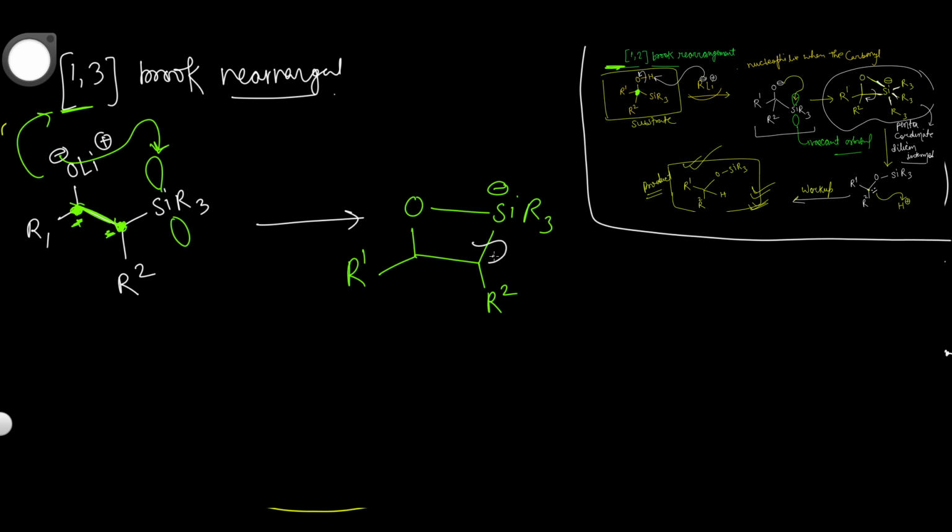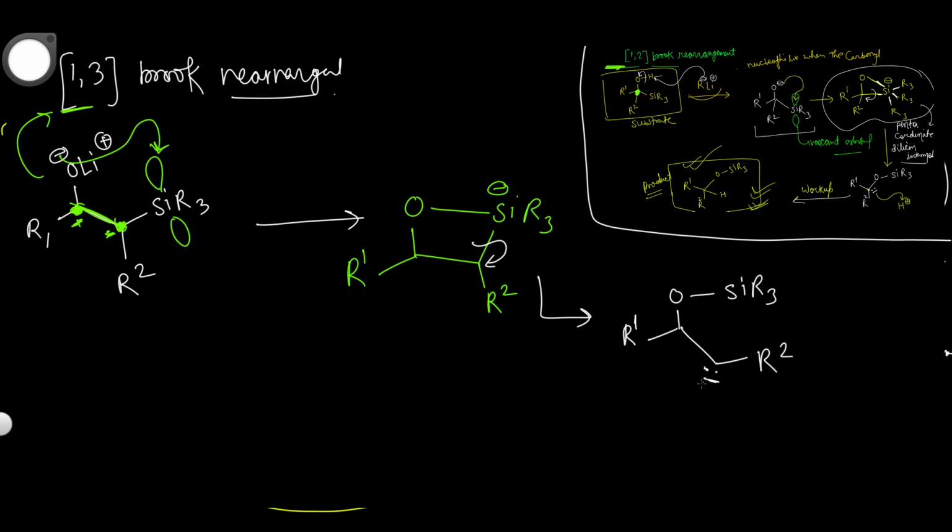So after breaking the bond, this carbon gets a carbanion, and we got OSiR3, and we have here R2, and here is a carbanion, right?